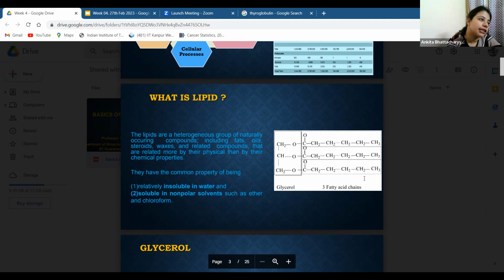Majorly the similarity lies in their physical properties instead of their chemical properties. So you can say they are relatively not very soluble in water, but they are quite soluble in nonpolar solvents like ether and chloroform. So that's what we see.